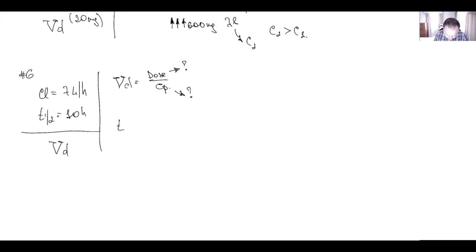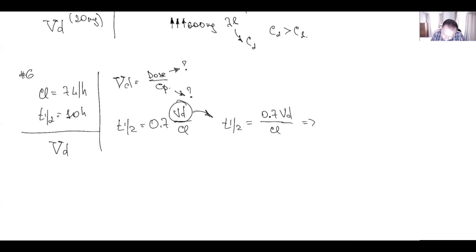Let's refer to the half-life equation. It will be 0.7 volume of distribution over clearance. We can use it for calculations. You can rearrange this equation. So let's do that. It will be half-life equal to 0.7 volume of distribution divided by the clearance.